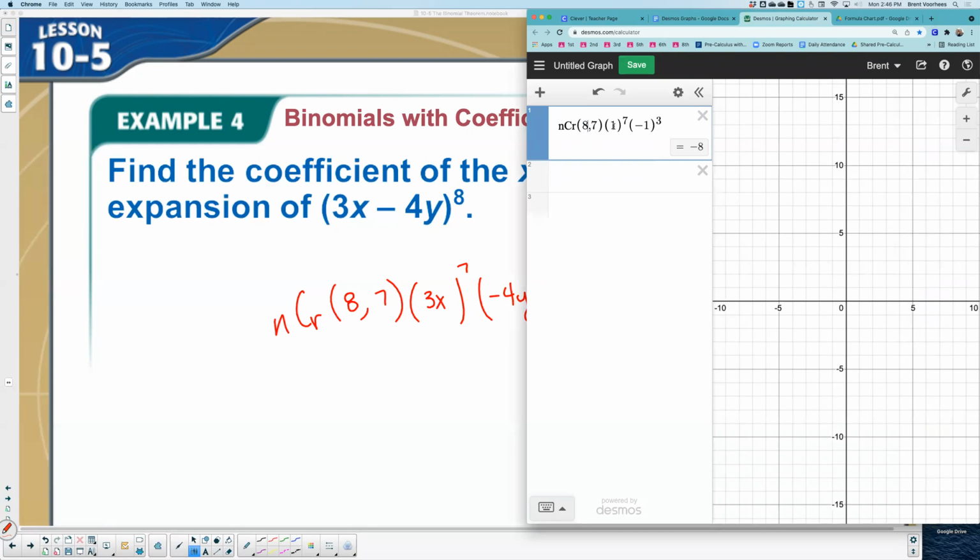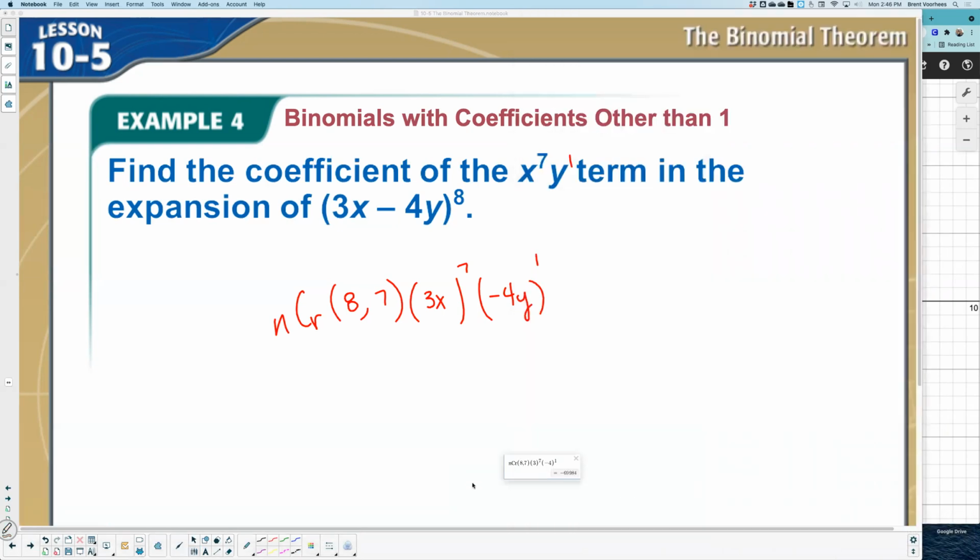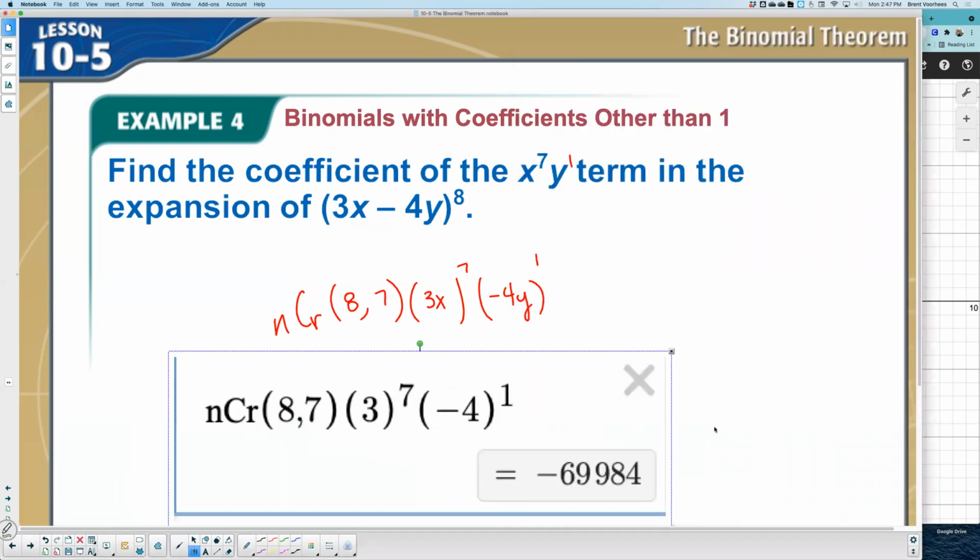So 8, that's a 3 without the x, and negative 4 to the first power. I'm getting negative 69,984, which I believe is the correct answer. Well, I shouldn't say correct answer because, oh yeah, it is, because all it wants is the coefficient.